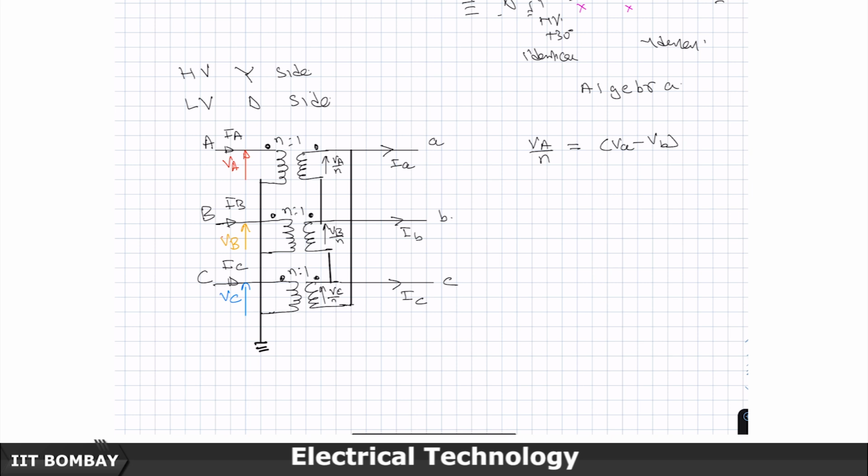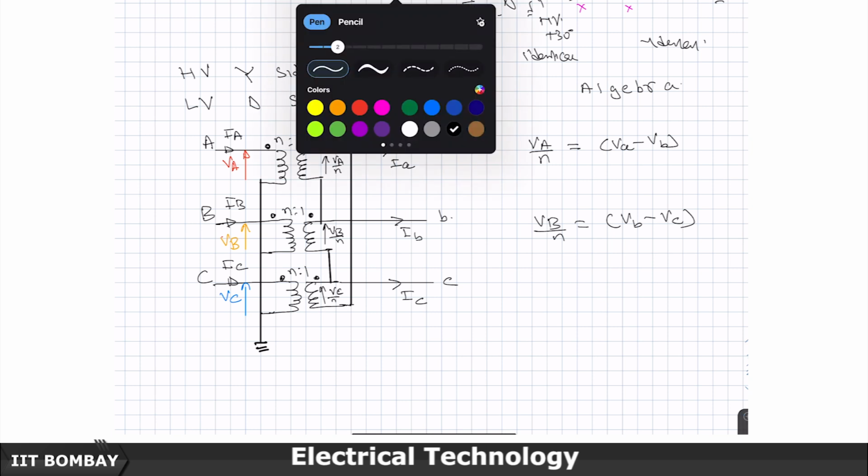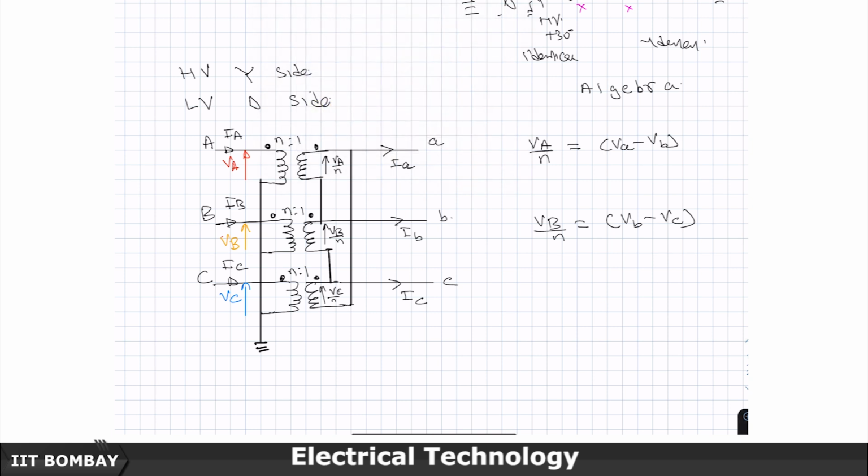Similarly, VB by N becomes vb minus vc. And the third thing should be quite obvious to you. VC by N becomes equal to vc minus va, since this connector brings the va voltage here.